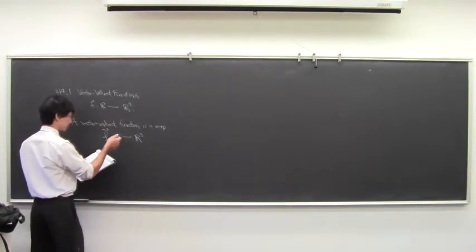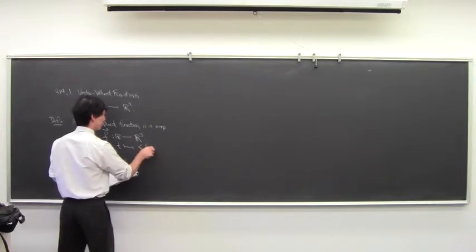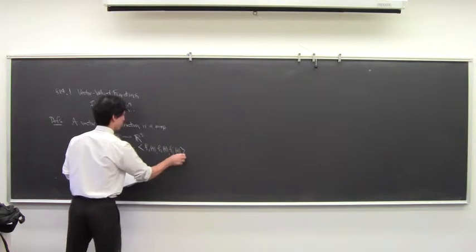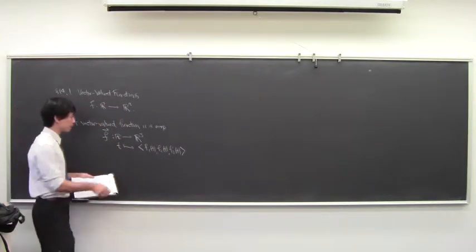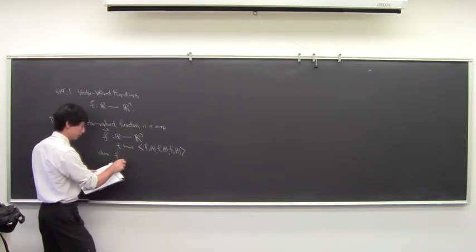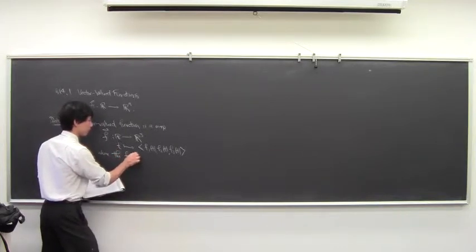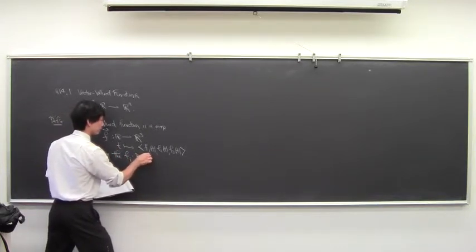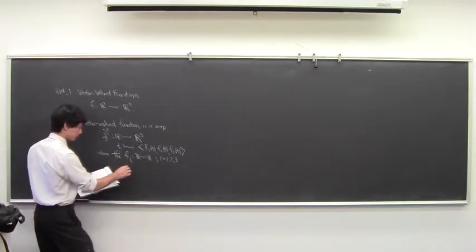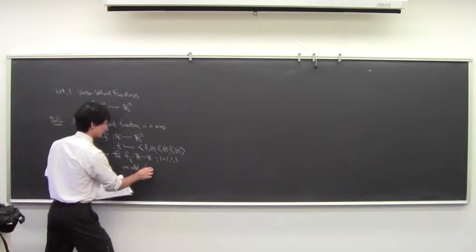And usually the notation is like this: t goes to (f1(t), f2(t), f3(t)), where f1, f2, f3, the fi, are functions from R to R, called component functions.